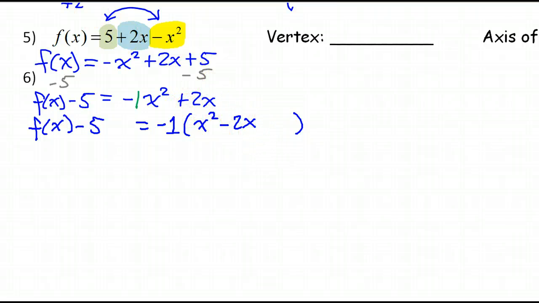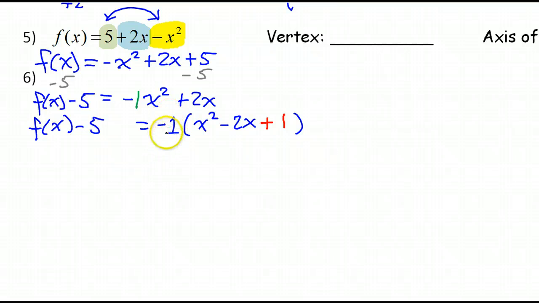So now is where I complete the square. Half of the middle squared. What's it going to be? It's going to be 1. Half of the middle is negative 1. If I square that, I get positive 1. Negative 1 times negative 1 is positive 1. Do not make the mistake of putting a plus 1 over here to balance this out.